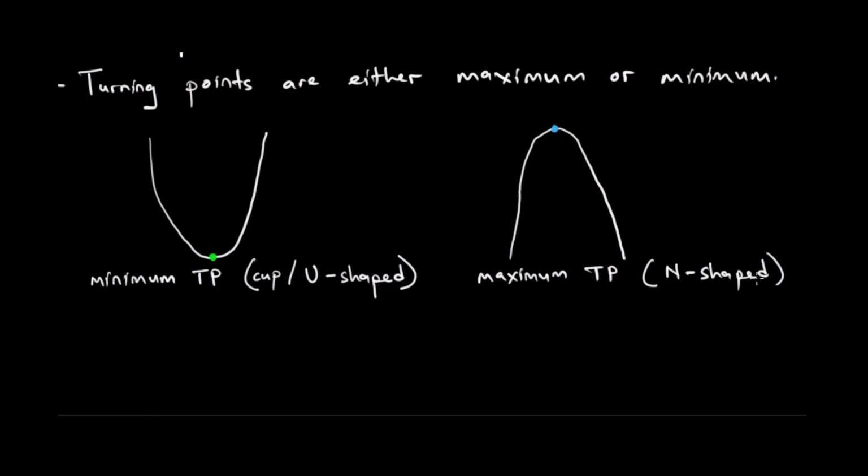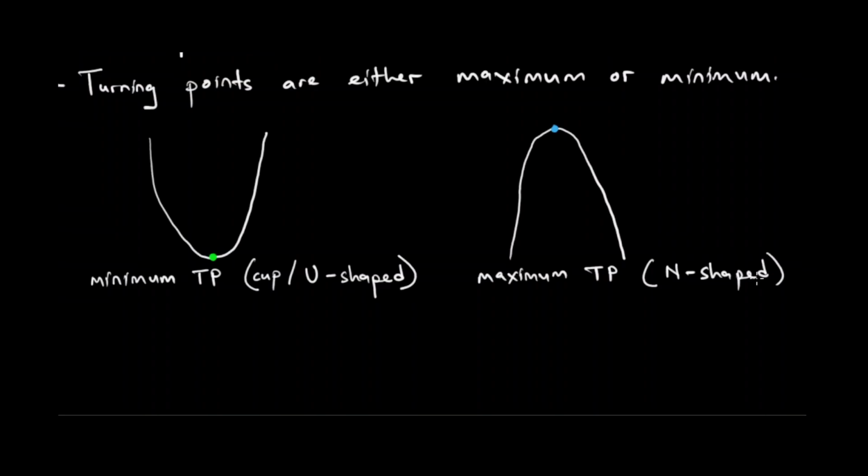That's an N-shaped graph, whereas a cup kana kuti U-shaped graph. Minimum turning point nekuti iri pasi, maximum turning point nekuti iri kumusoro. Chinonzi turning point ndipo panotenera our curve, and each quadratic curve has only one turning point.